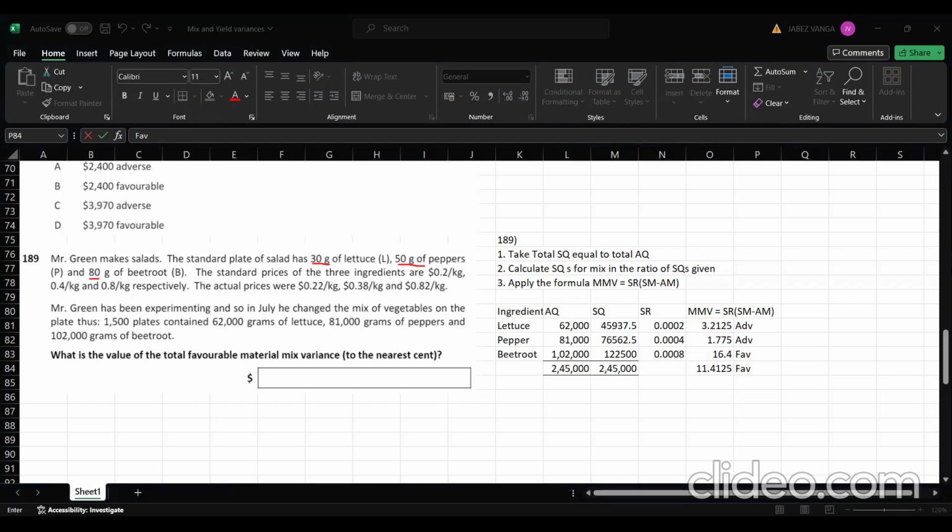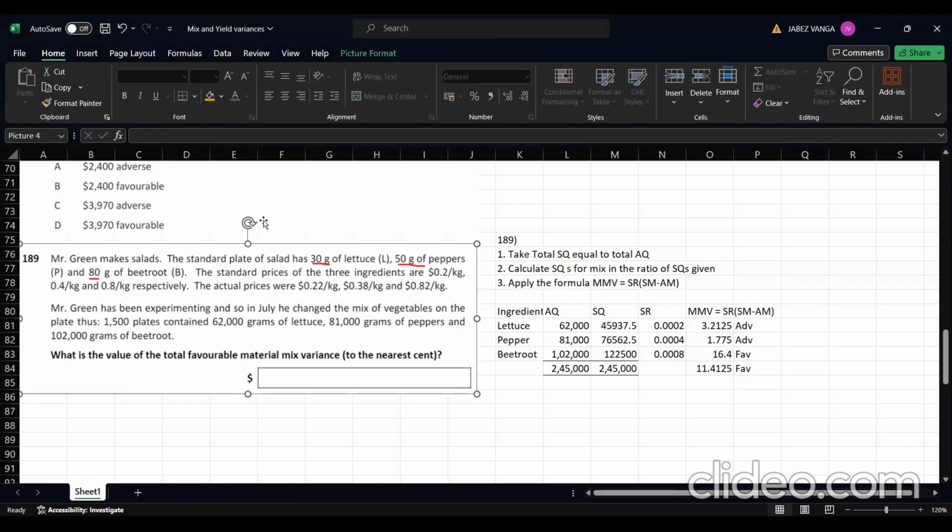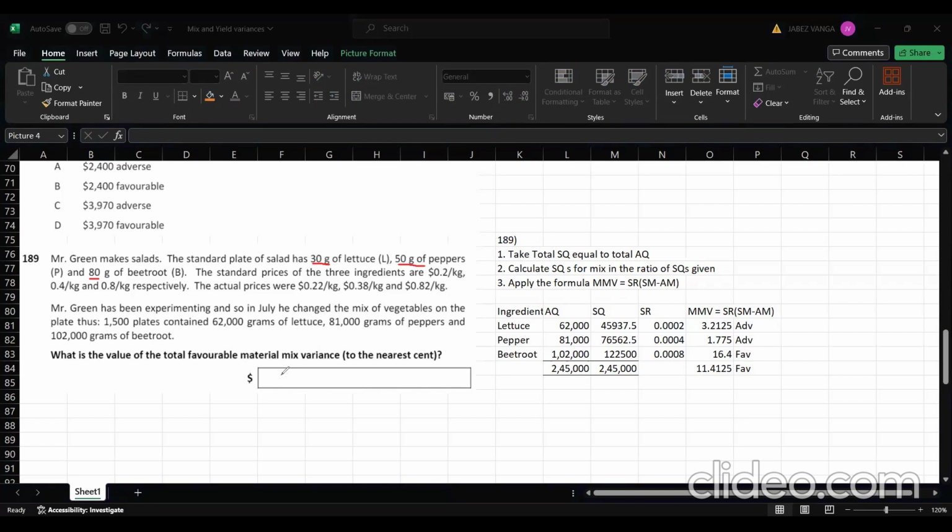We need to fill this in the box: 11.41. Here there is no multiple choice option given, so we need to write it to the nearest cent. Since it's already mentioned that it's a favorable variance, writing 11.41 would be fine. I hope that is clear.